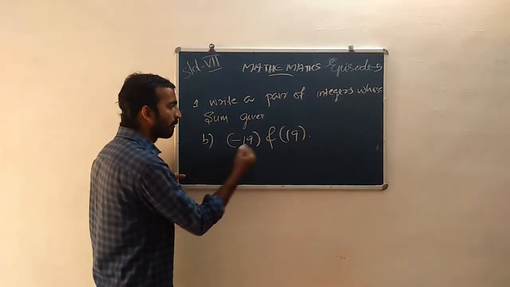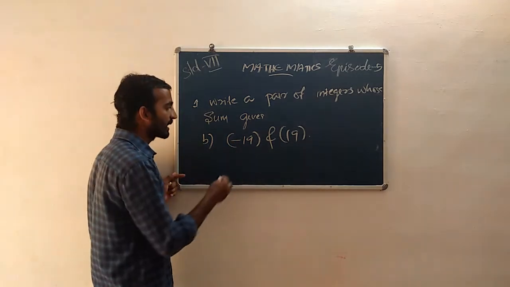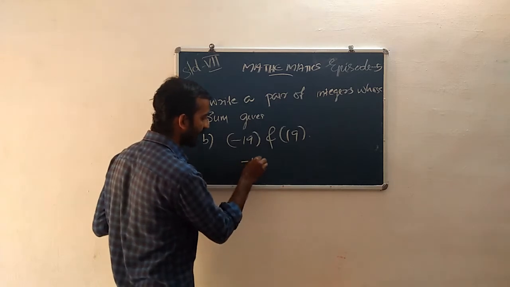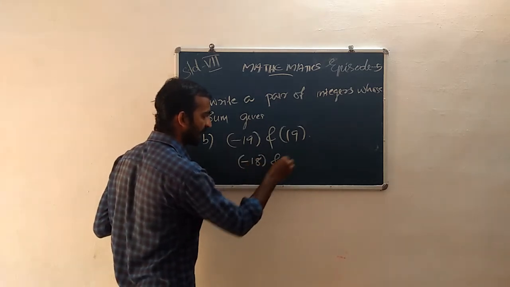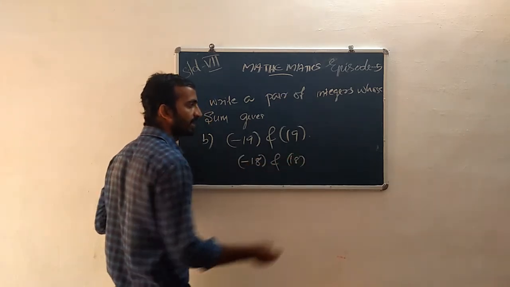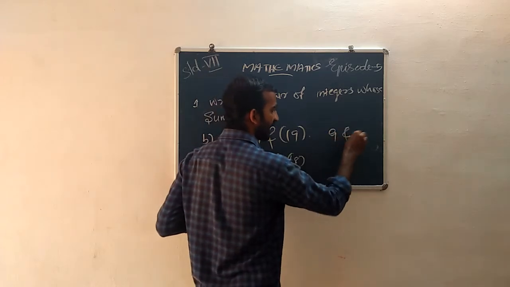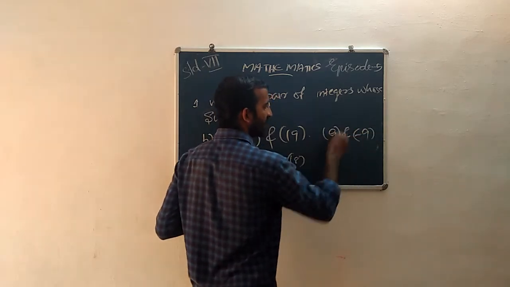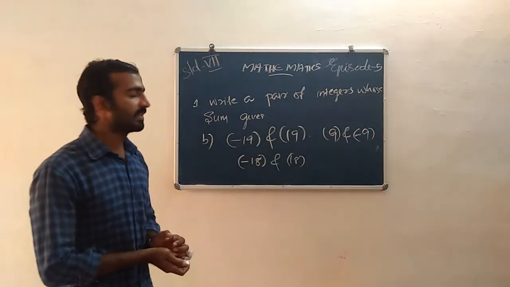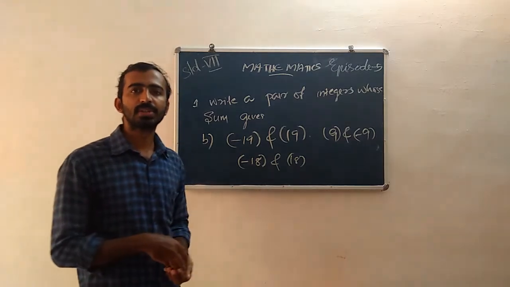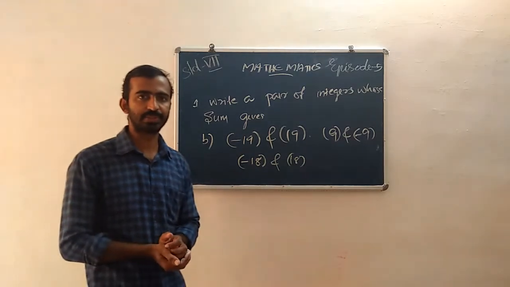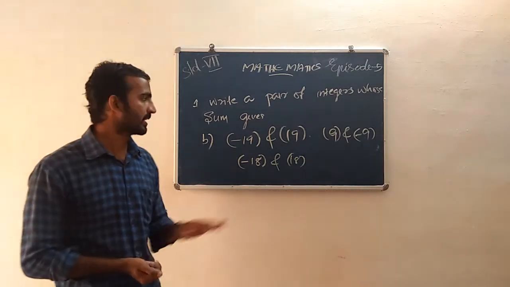And for more answers, we can take negative 18 and 18, and 9 and negative 9. When we take the sum of these pairs of integers, we get 0. Is it correct? Yes.